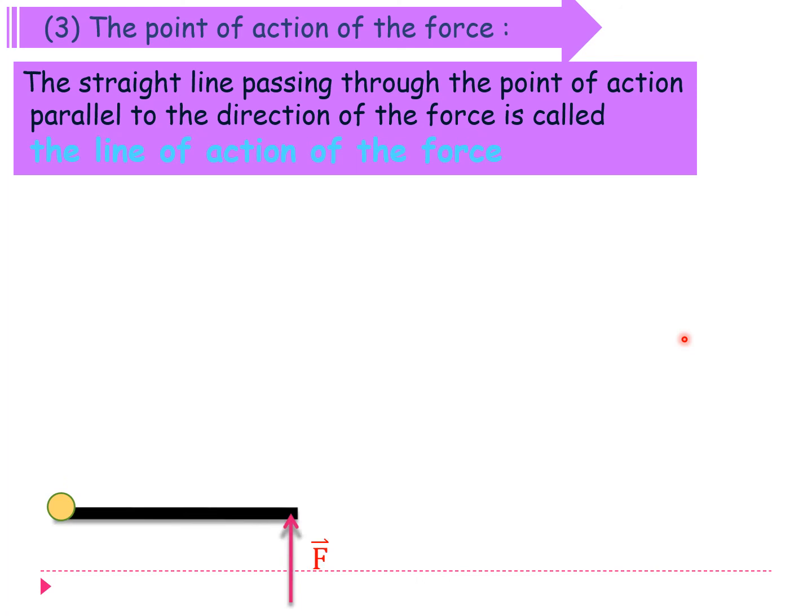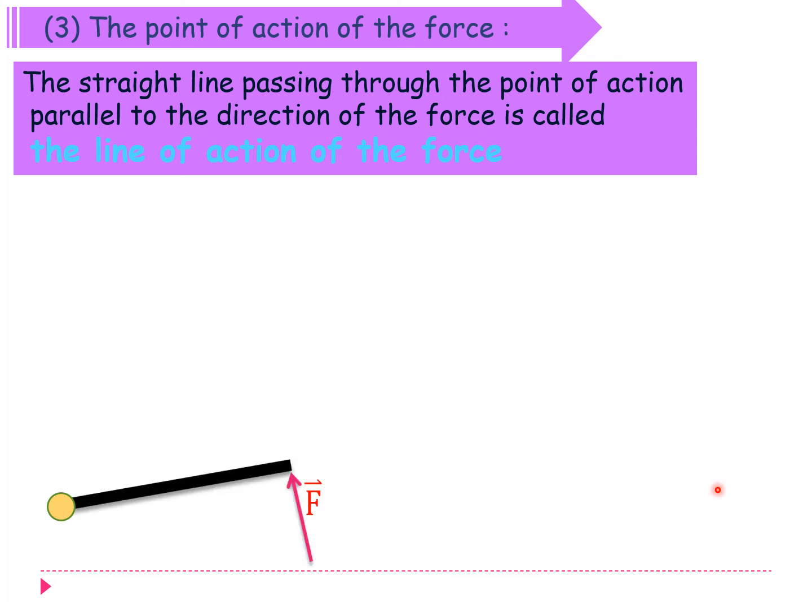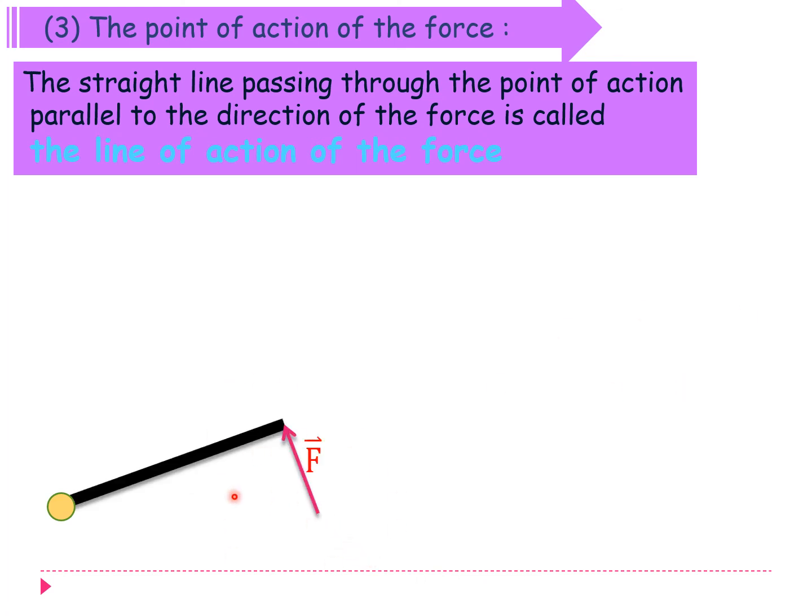For example, look to the figure. Look to the direction of force.